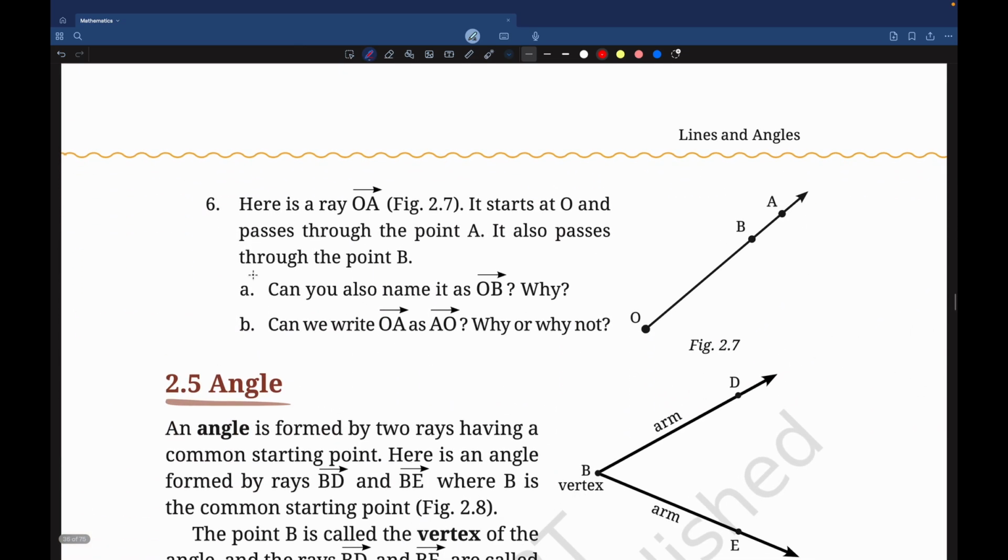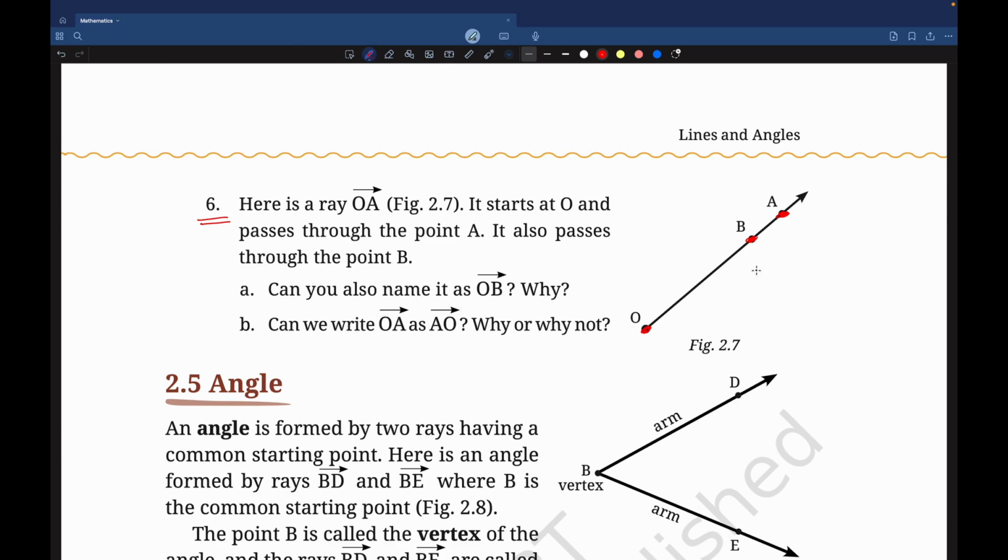Next question, question number 6. Here is a ray OA. It starts at point O and passes through point A. And it also passes through point B. Can you also name it as OB?